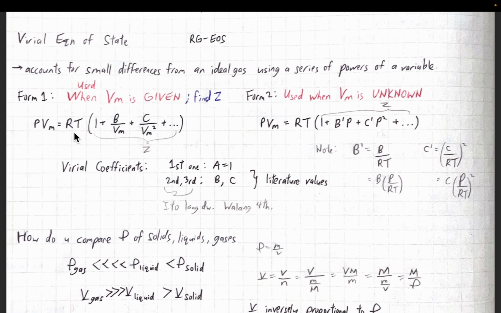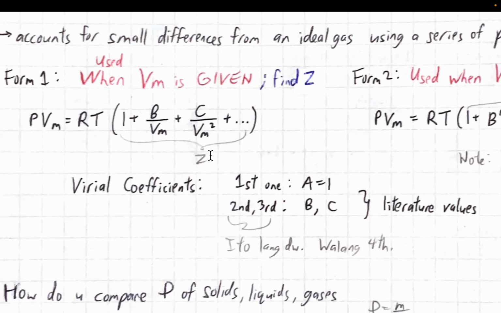PV equals RT, but instead of n, we have Z. So let's talk about the values inside this Z. Essentially A is 1, so supposedly A is here, but we can just write it as 1 since it doesn't have any other value except 1. So 1 plus B over Vm.